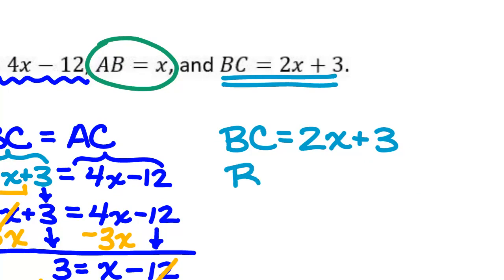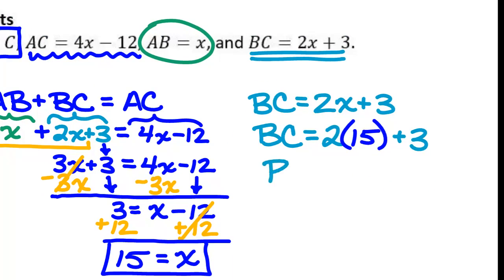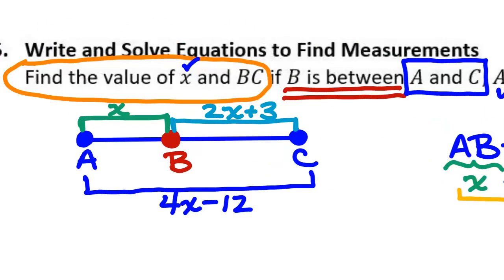And we just figured out using algebra that x is how big? So 2 times 15 plus 3. What is 2 times 15? 30 plus 3? 33. Now we've done both pieces of this. Nice work.